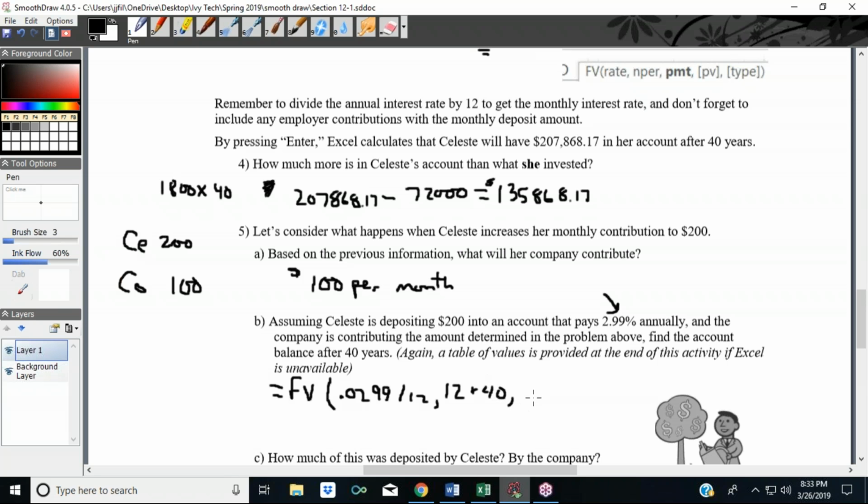And then how much is going to go in this last spot? That negative $300, because it's going to be these two added together.